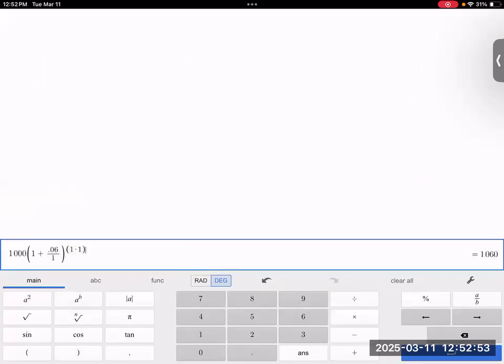So you get $1,060. We can change this to 4. So we have 1,061 or so.